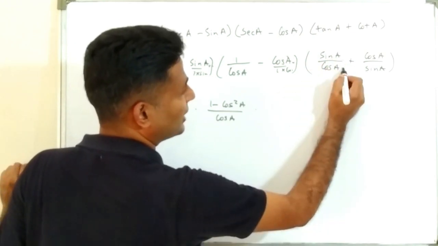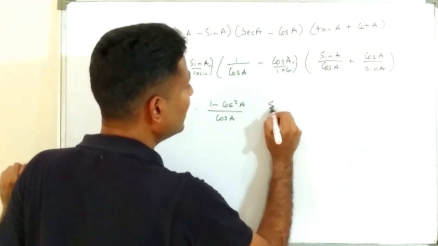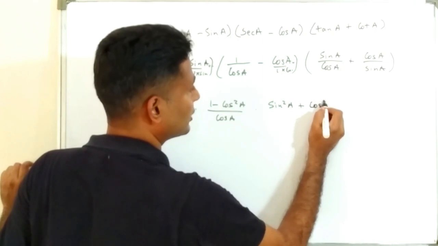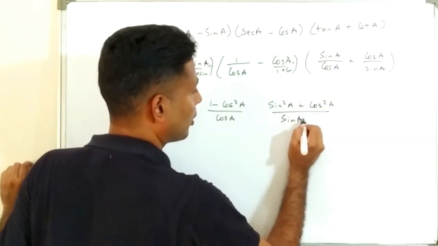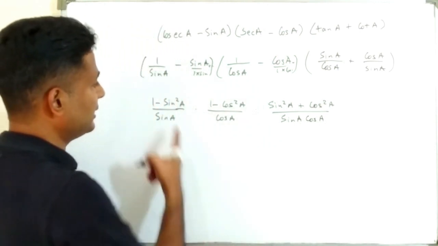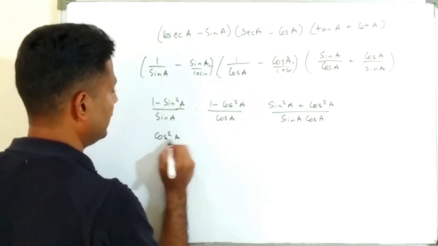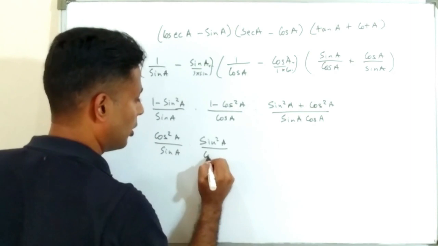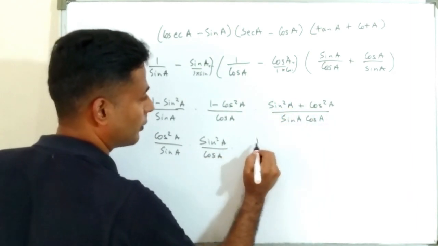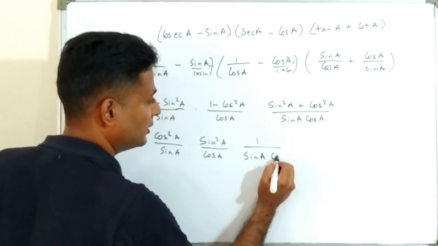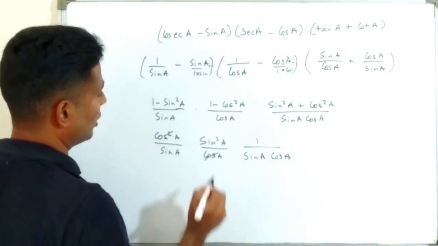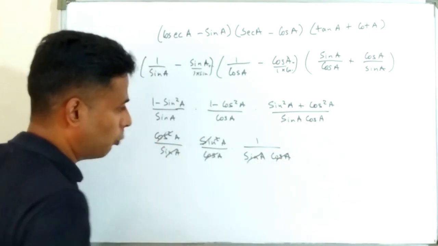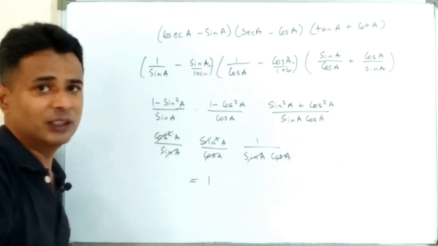Into, now when I take LCM, sine A by cos A plus cos A by sine A, we get sine square A plus cos square A by sine A cos A. So we got this. 1 minus sine square can be written as cos square A by sine A, and 1 minus cos square is sine square A by cos A, into sine square plus cos square is 1, so by sine A cos A. So one cos and one cos will go, one sine and one sine will go. Again one more cos and one more cos will go, one more sine and one more sine will go. So we get 1 into 1 into 1, which is 1.